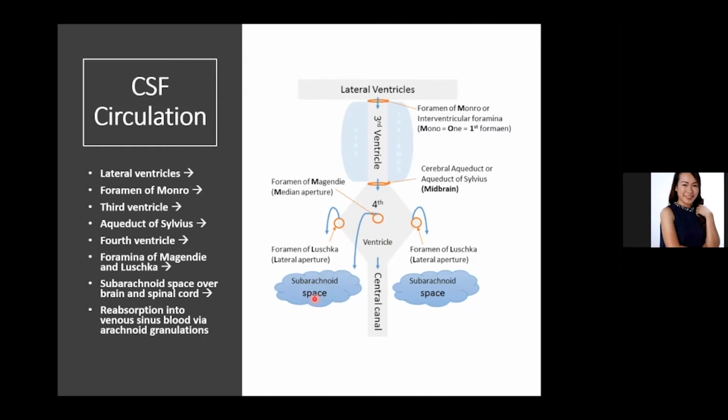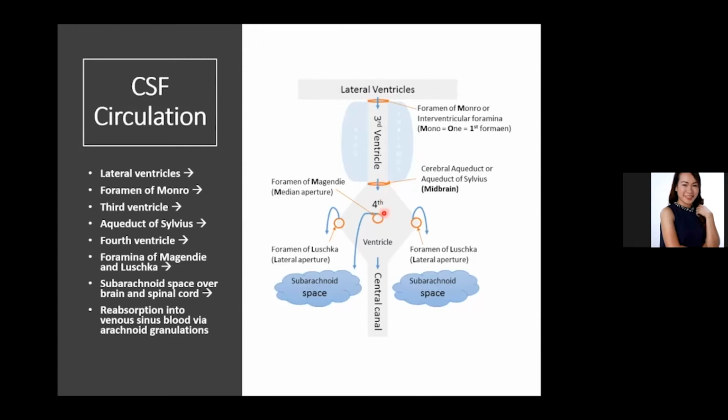First, remember that it starts in the lateral ventricles, and from the lateral ventricle it will pass through different foramina. From the lateral ventricle to the third ventricle, it passes through the foramen of Monro. From the third ventricle to the fourth ventricle, we have the cerebral aqueduct or aqueduct of Sylvius.